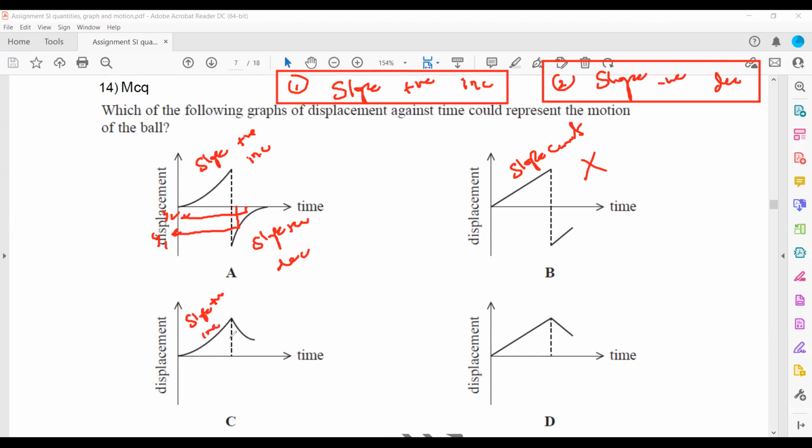And the second part, the slope is negative and it is decreasing. So we want this. That's why option C is the right answer. Why is D totally wrong? Because again, it is a straight line and a straight line slope is constant. So it cannot be A, B, or D. It is option C. Is it a clear discussion?